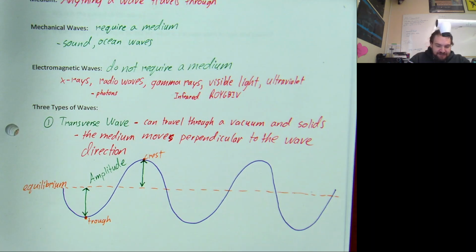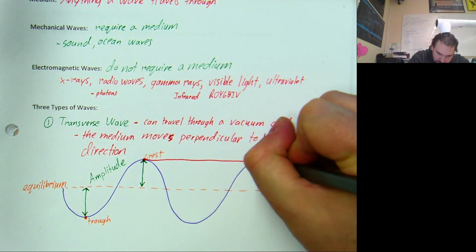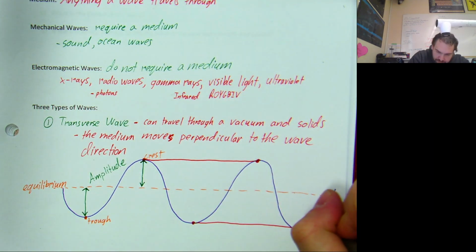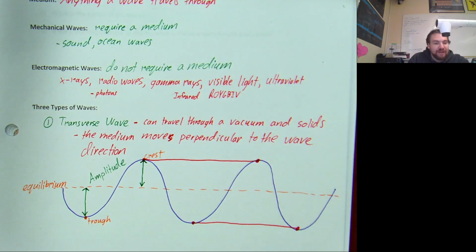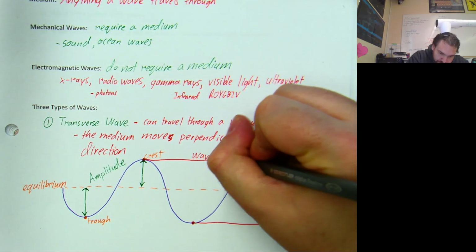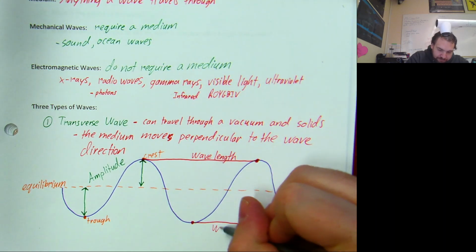And the distance from crest to crest, or from trough to trough, is what we call a wavelength. This guy down here is also a wavelength.